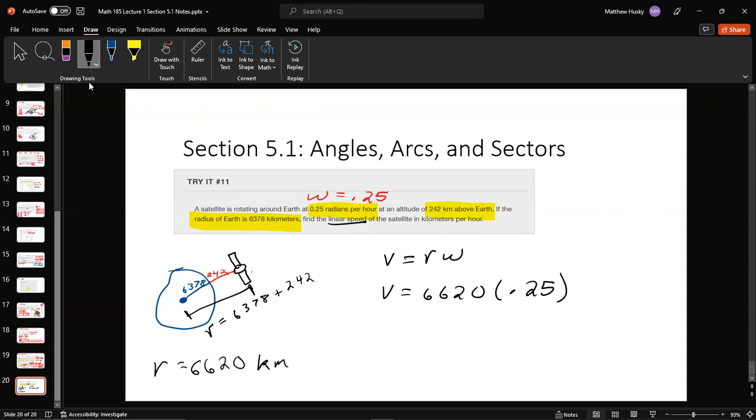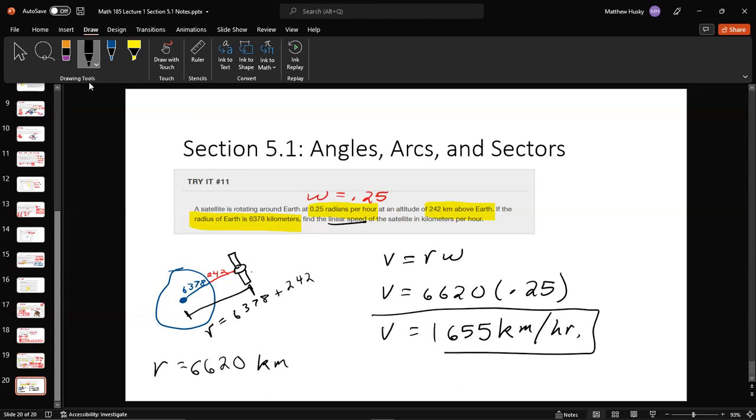And if we multiply that by 0.25, we get 1655, and that'll be kilometers per hour. And there you have it. So that is how fast the satellite is spinning around the Earth. And that's really fast. Okay, so that is the end of that section.